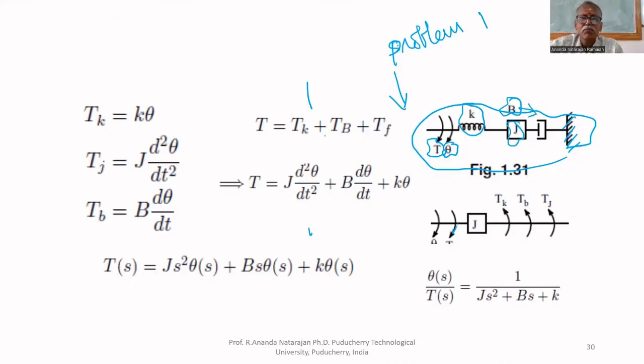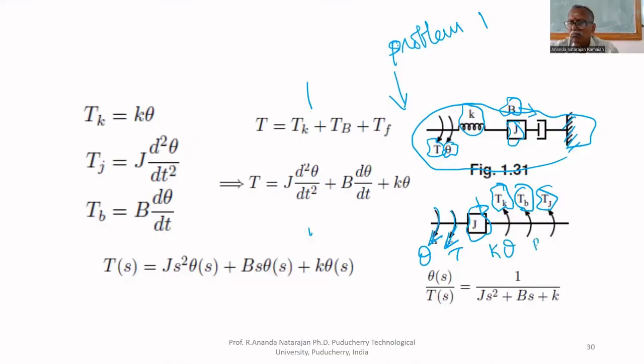We can write the mathematical model. If you draw the free body diagram, J, the applied torque is T. Because of that, the end has a displacement of theta. The reactional torques are Tk, Tb, Tj. Tk is equal to K theta.